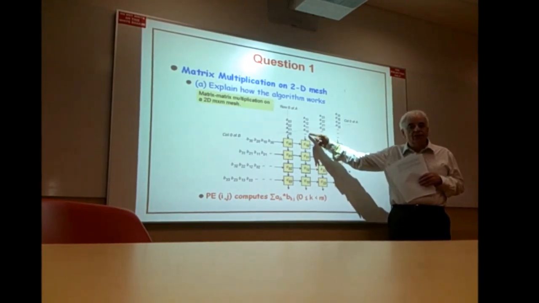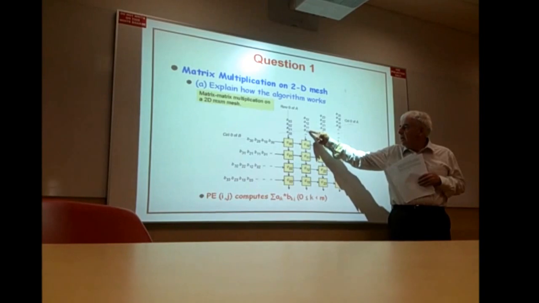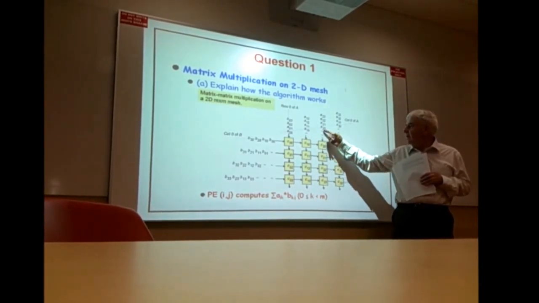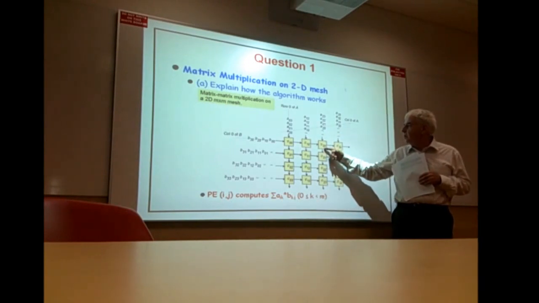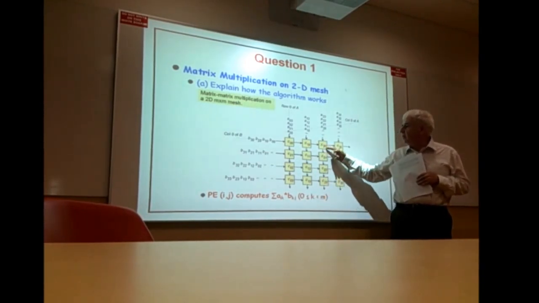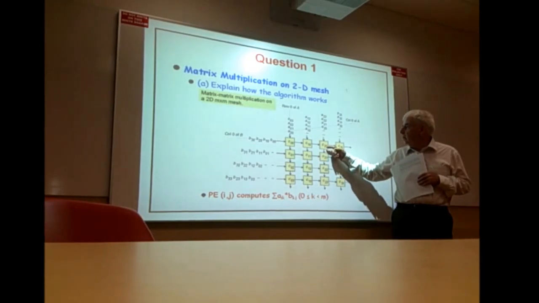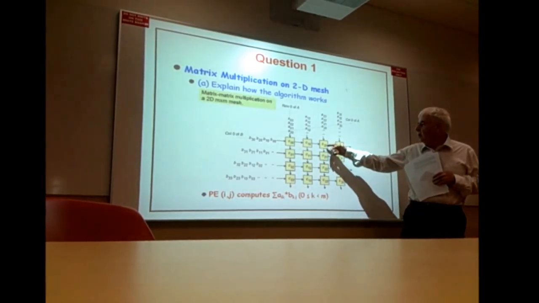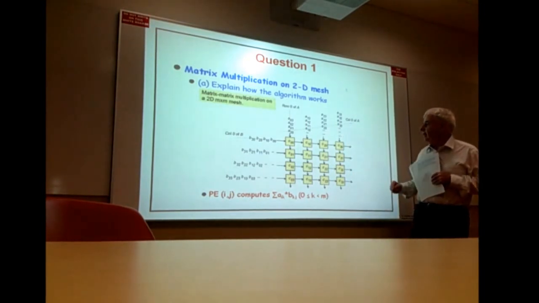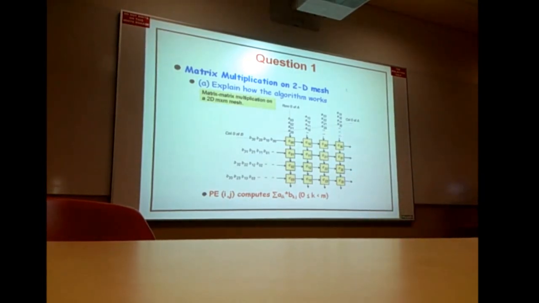So therefore we have to insert a one-step delay here, and similarly for this processing element, it wants to multiply A20 by B00, but it's not going to get B00 until after 2 steps. So we have to have a 2-step delay, and here a 3-step delay, and so on. Okay?